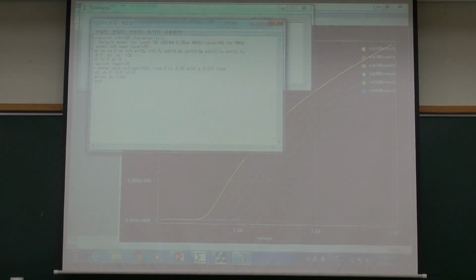Then you see this M1 is NG 0 MB, means drain and gate are connected together, so it's a diode, right? MOS diode. And then I apply a current, 10 microamp is too much, so I can apply like 6 microamp. Then see, I change my substrate voltage from 0 to -3. Okay. So it's something like that.